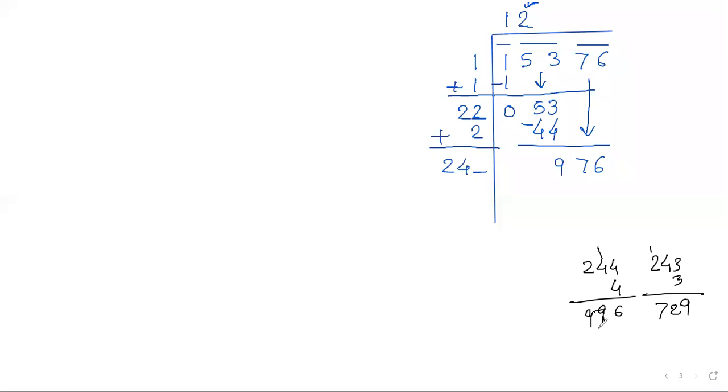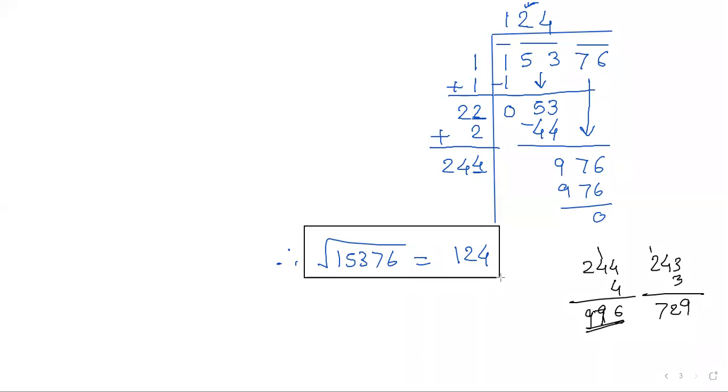Yes, sir. 244 fours are 976. Remainder is 0. So what is the square root of 15376? 124. Very, very good answer. Correct.